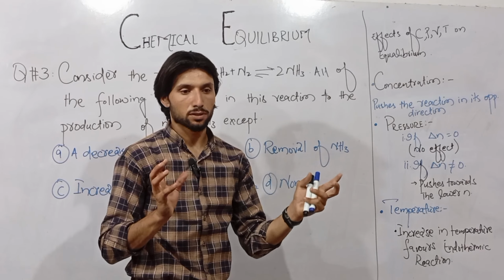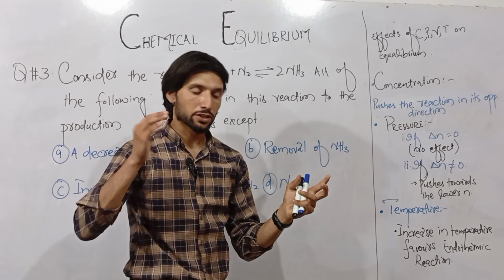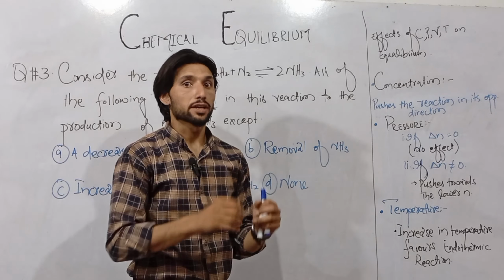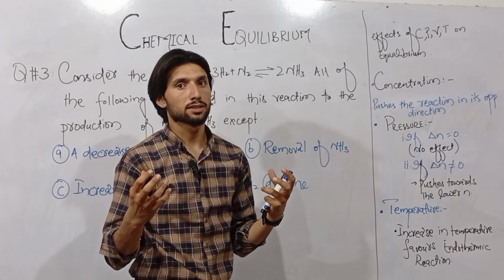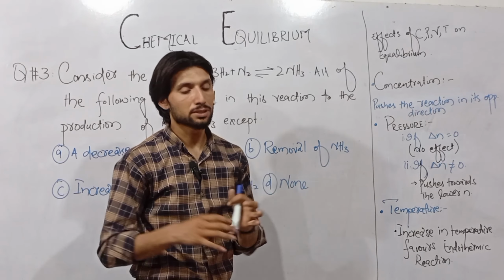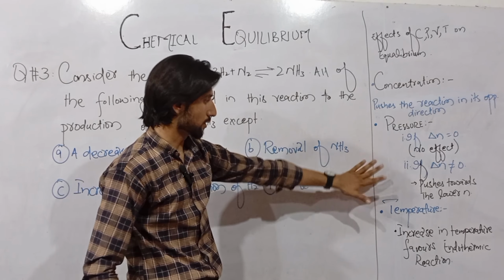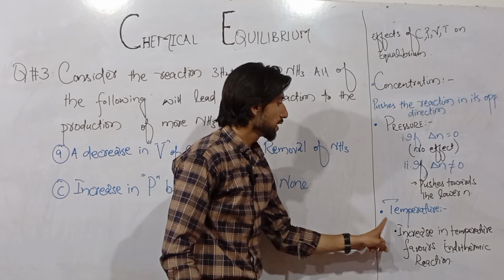If the number of moles on the reactant side is lower, then on increasing the pressure, the reaction will go in the backward direction. If the number of moles on the product side is lower, what will happen if you increase the pressure? The reaction will go in the forward direction. So that is the whole concept of that. Temperature.